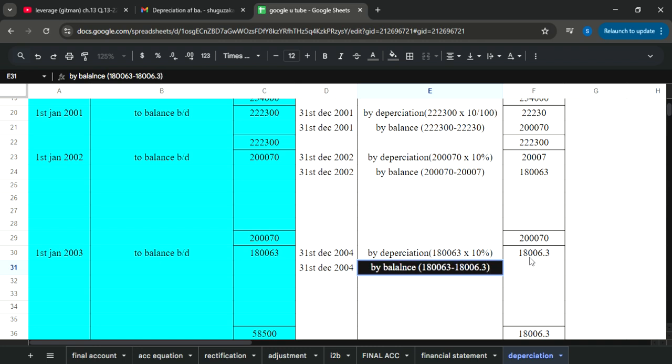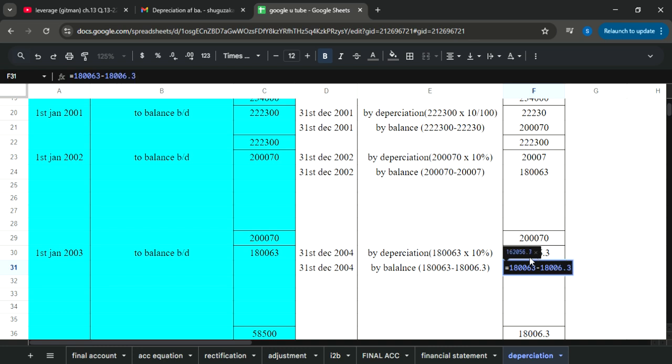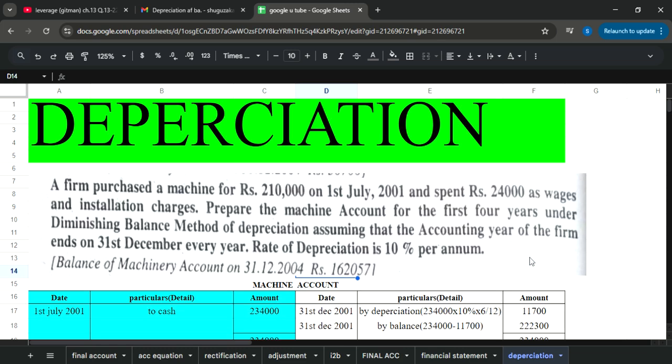Let's see what the effect will be in the answer. So 18,063 subtract 18,006.3. So we have got our balance, 162,056. Look here, 162,056.